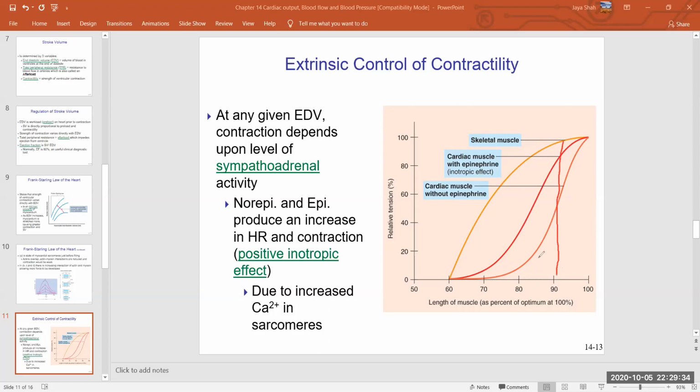So with 90% length, this is the cardiac muscle without epinephrine. So tension is like here.